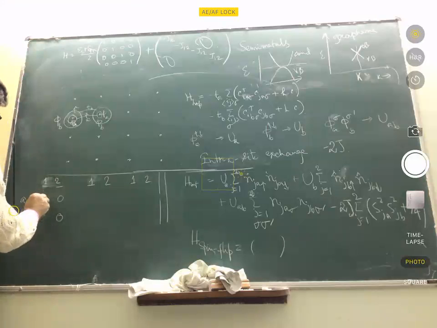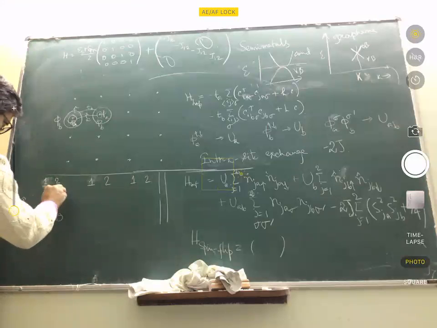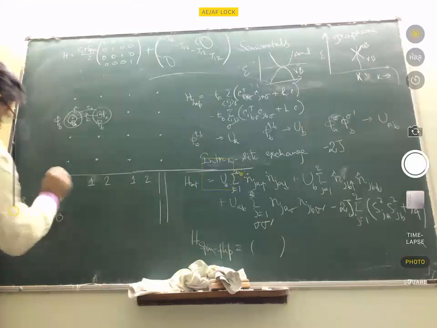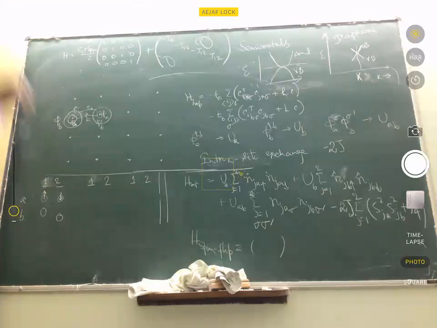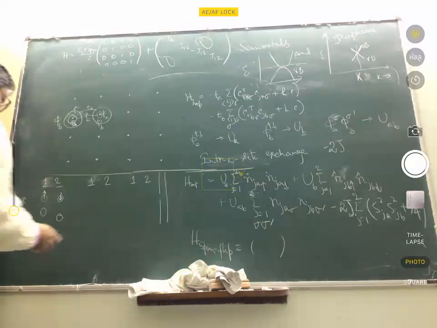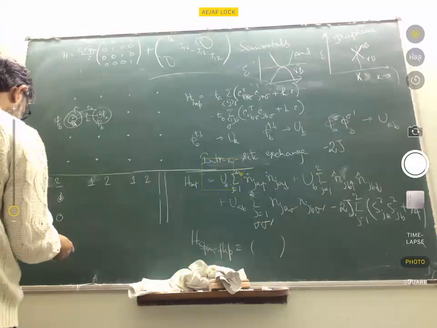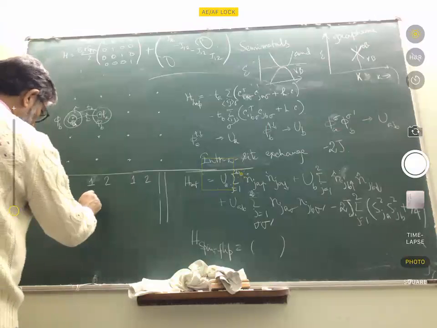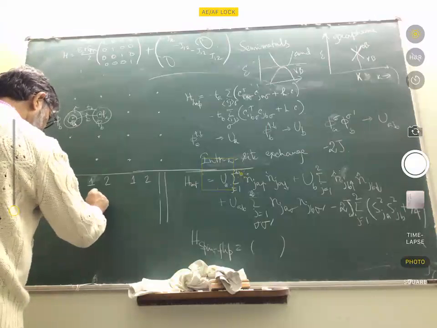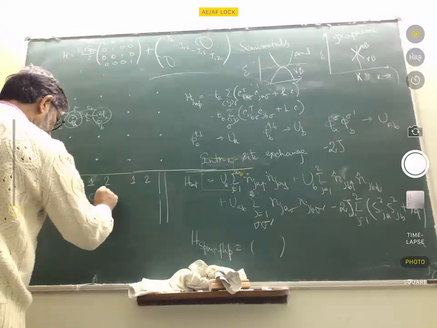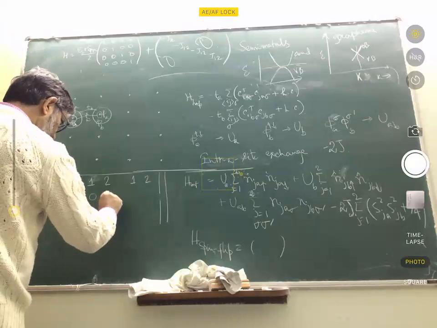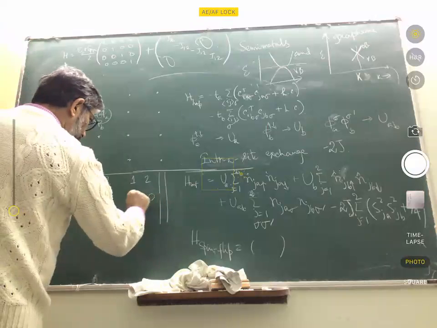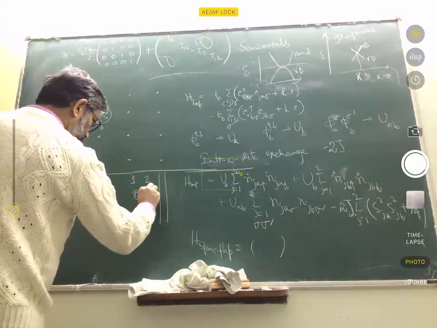I can have a singlet in which I have one electron here. And then I can have virtual hopping situations where this comes here, and then they go back to this state.